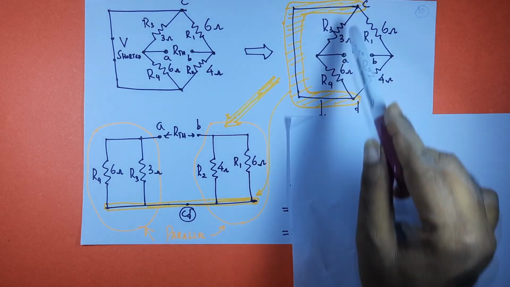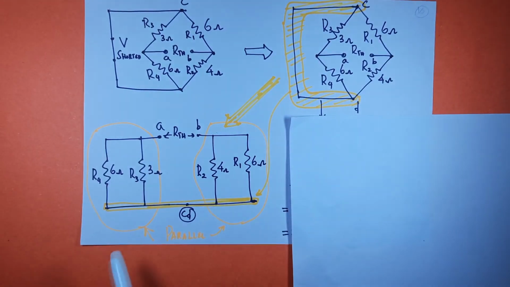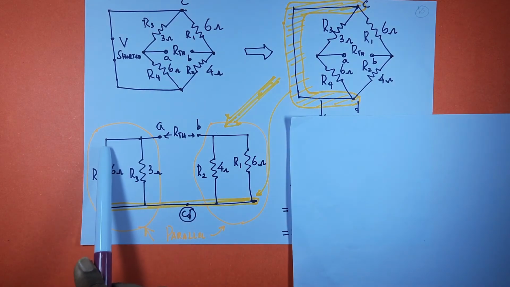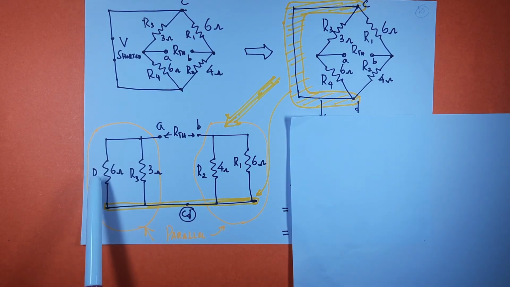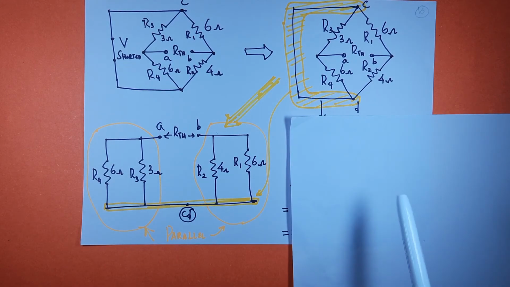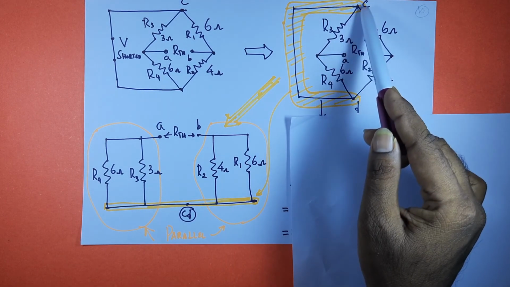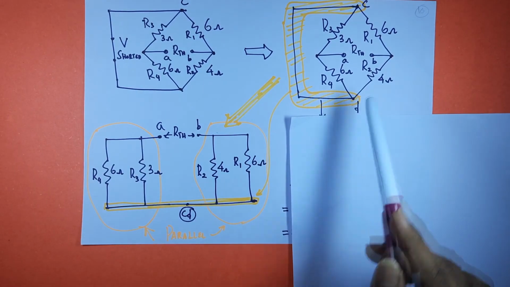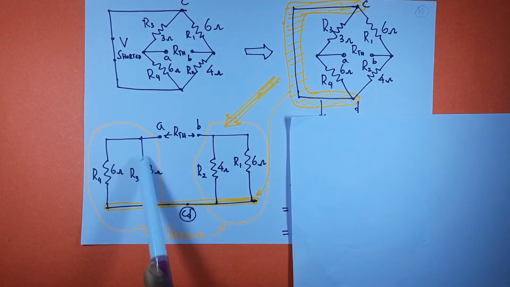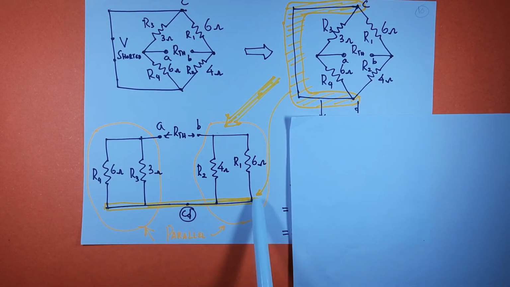R4 is connected from point A to CD. And then from the same point A, R3 is connected to the same CD.